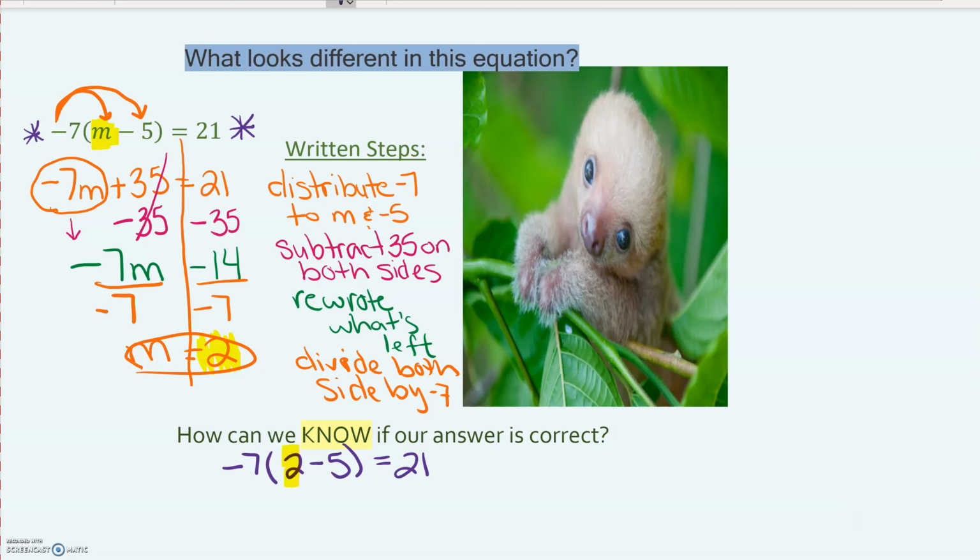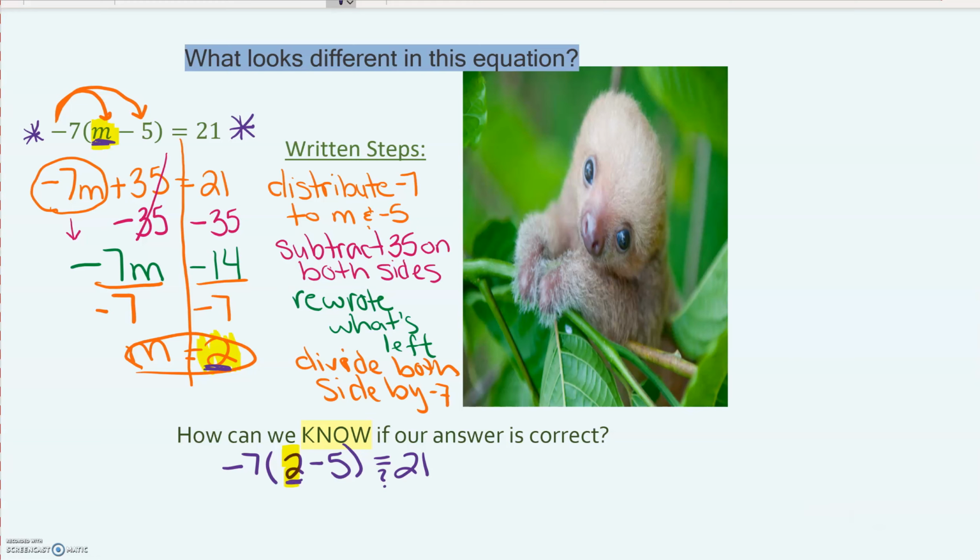What we did is we're going to take that 2 and we're going to plug it into that original equation where m is. So I rewrote that here, and I have negative 7 times the quantity 2 minus 5 should equal 21. And I'm going to put a little question mark. Does it actually equal it?